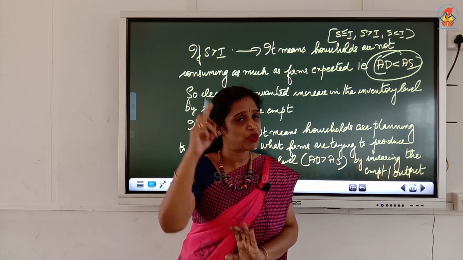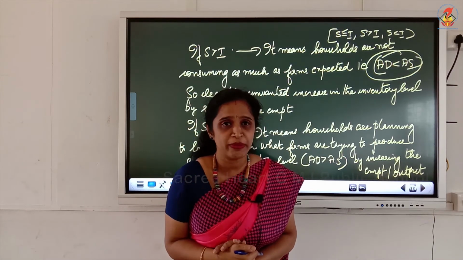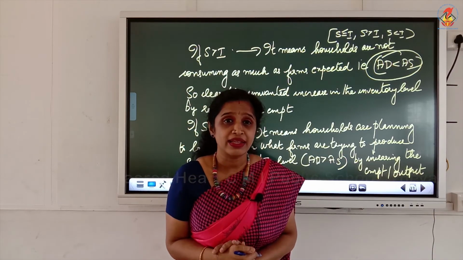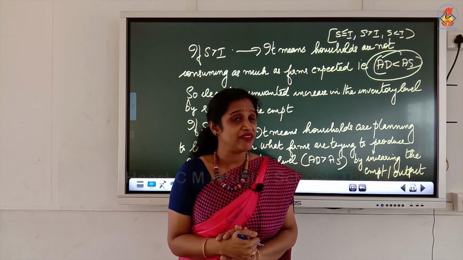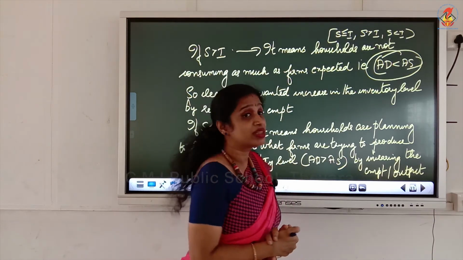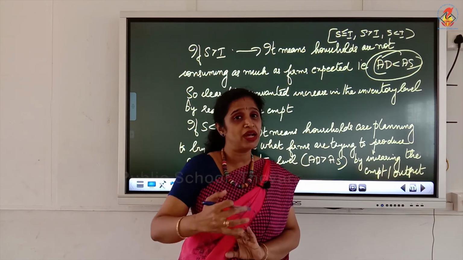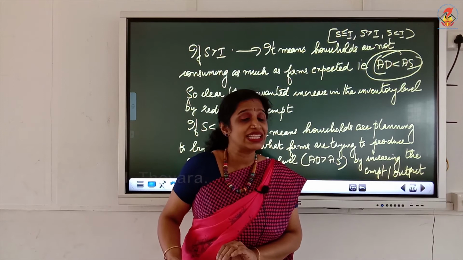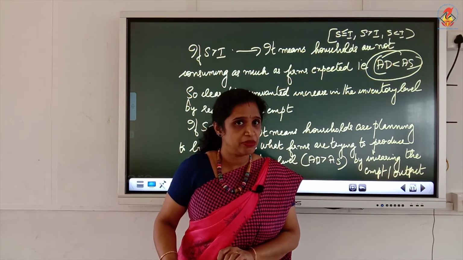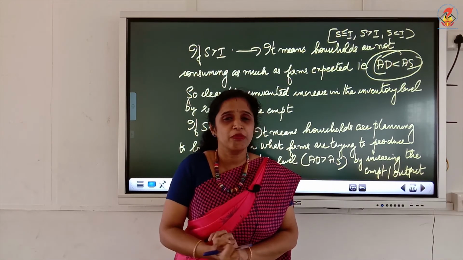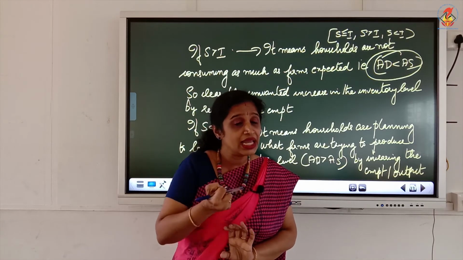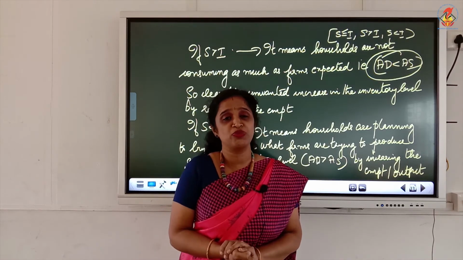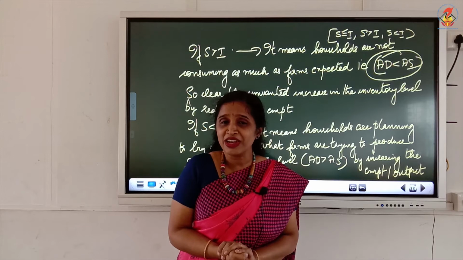So, you can connect what you have learned for the adjustment mechanism in the AD-AS approach. If saving is more than investment, it means that people are trying to save more and more and consumption is taking place less in the economy. That means total expenditure is less, aggregate demand is less in the economy, which means AD is less than AS.